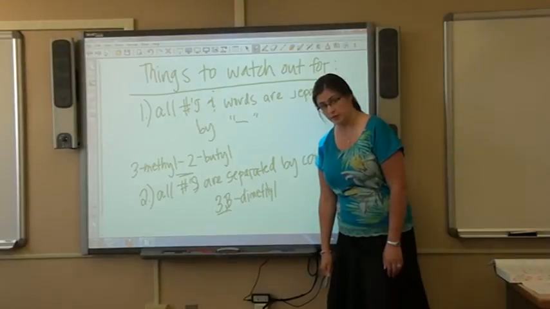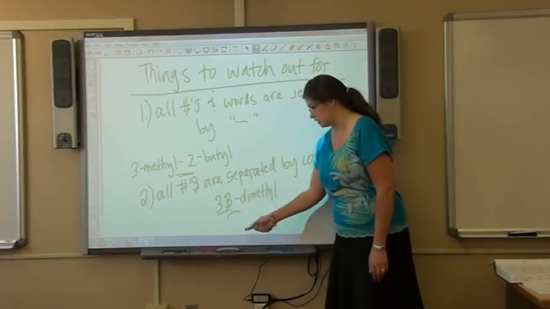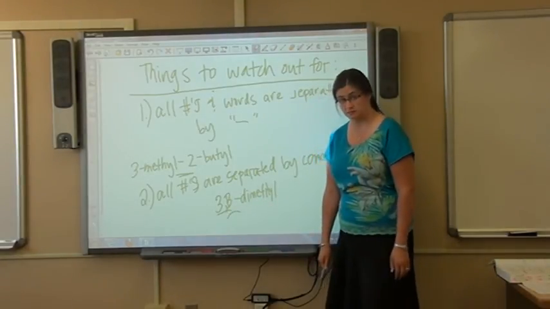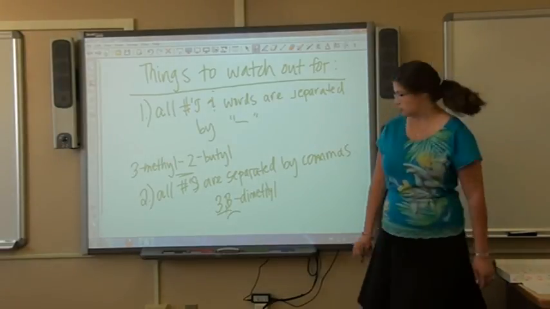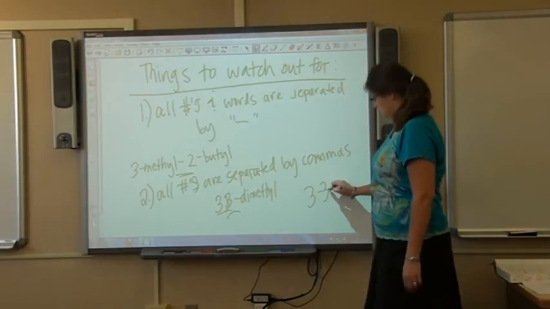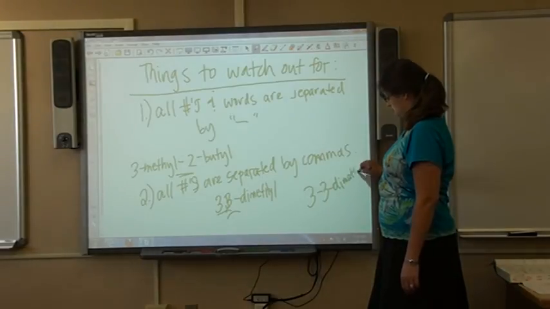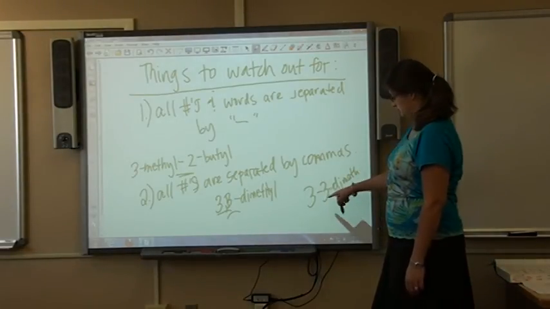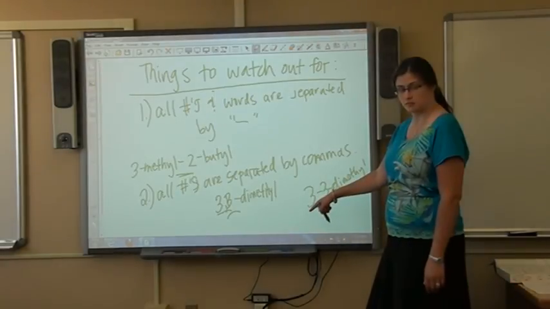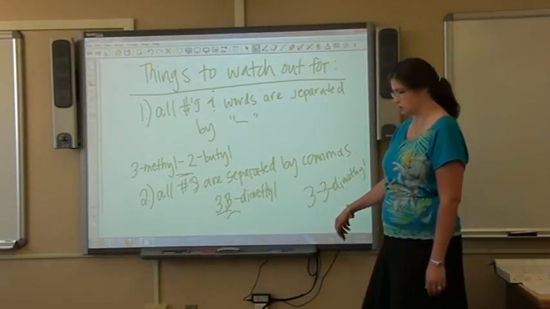They have to be separated by commas. Here you have a number and a word separated by a dash. Don't get that mixed up. We do not write this. That's a dash there. That's not number, word, that's number, number. That gets a comma.